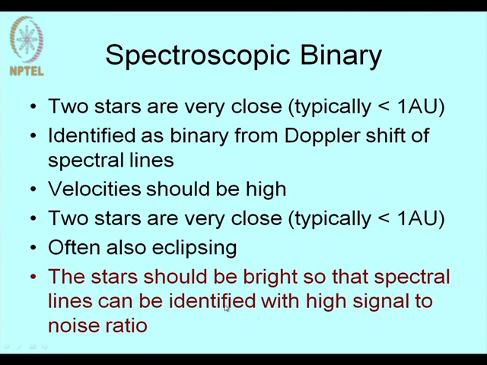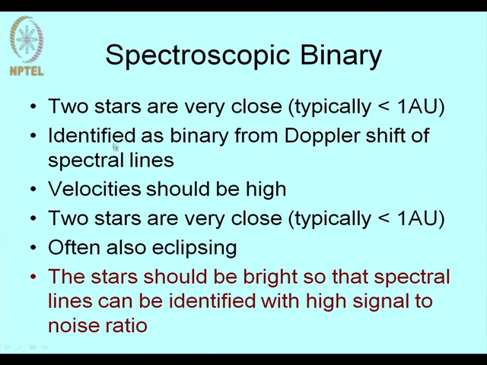After all, you have to determine the Doppler shift of the spectral lines, and for this you require very high signal to noise ratio spectral lines from the stars. So, the stars have to be bright.